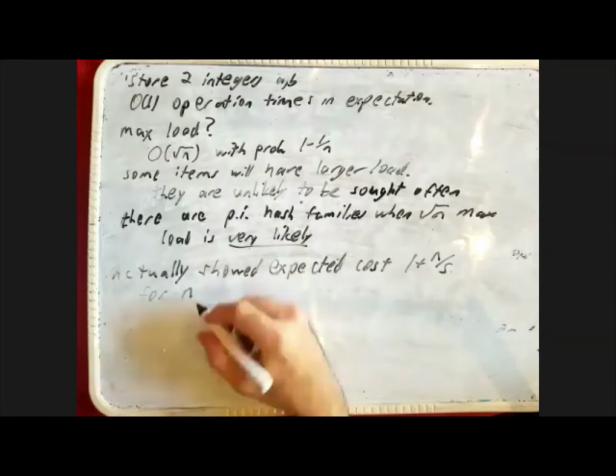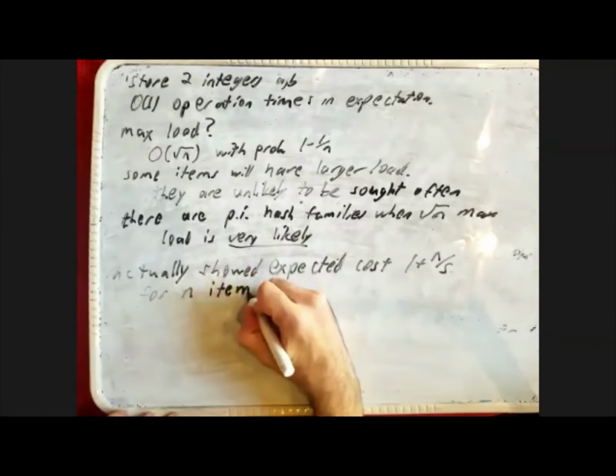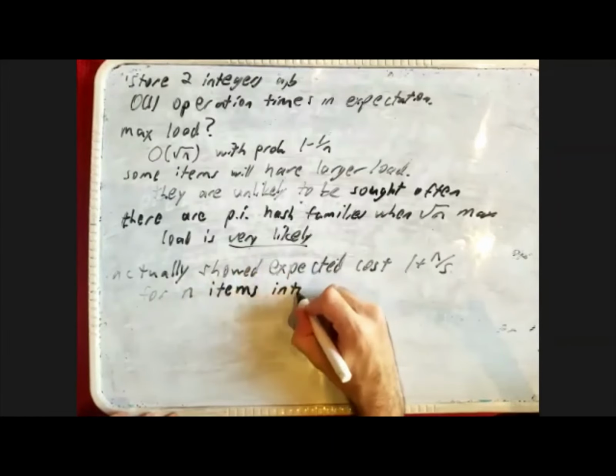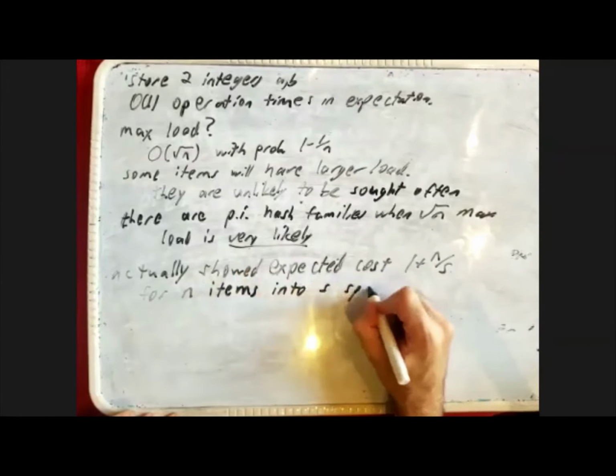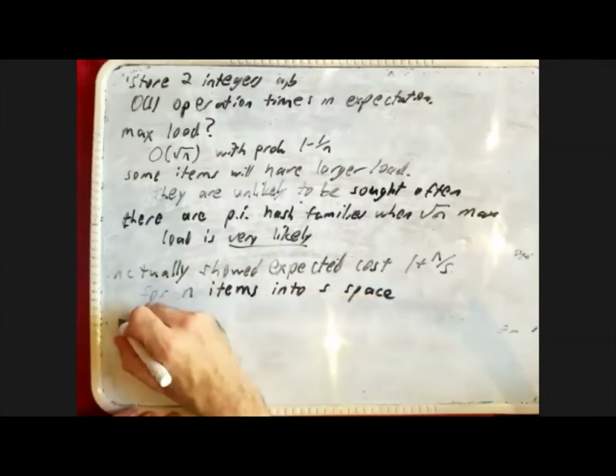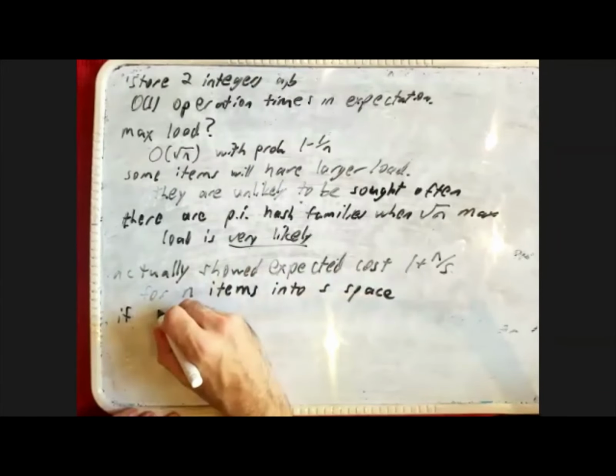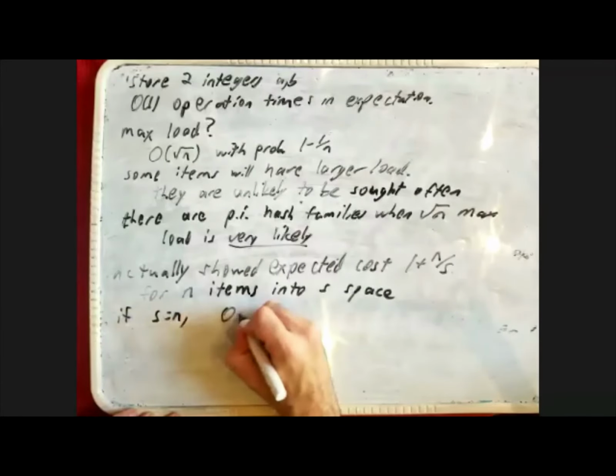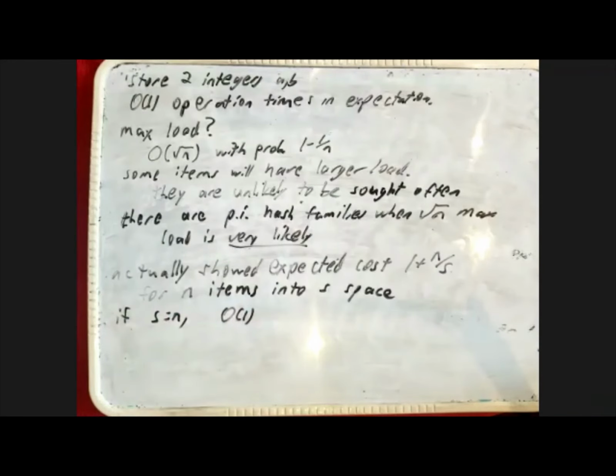N items into S space. So in particular, if we set S equal to n, this becomes order 1. So in linear space, we can store items with expected order 1 operation cost. Obviously, if the space is much less than n, we can't do that, but we don't need more than n.